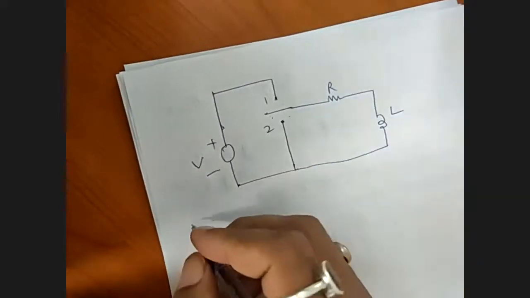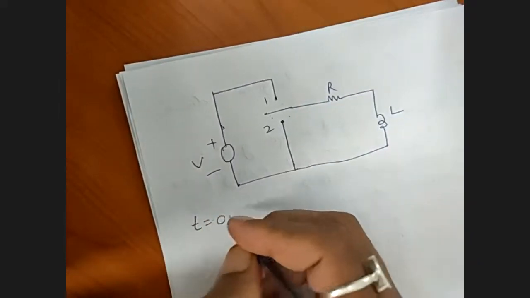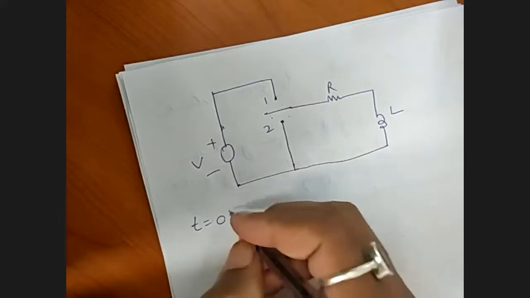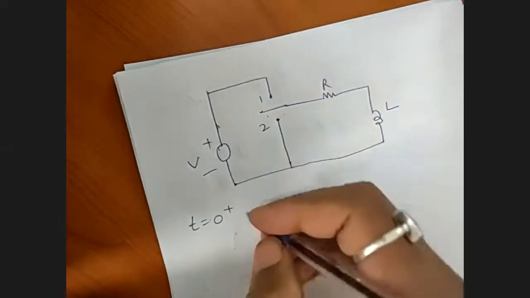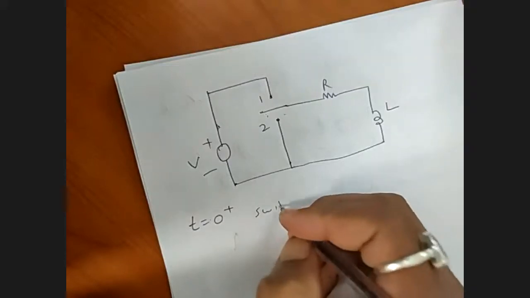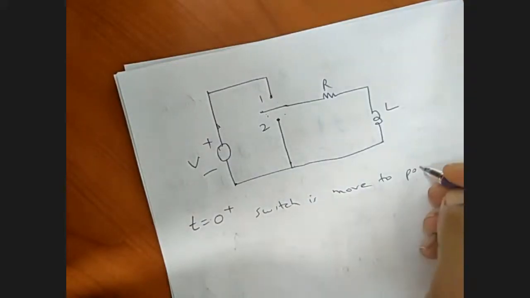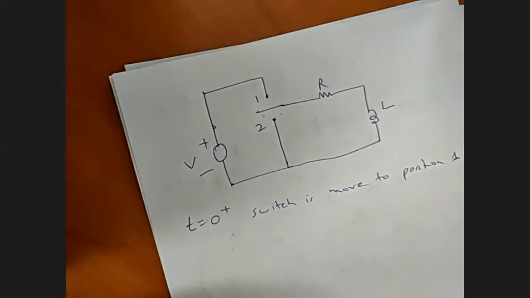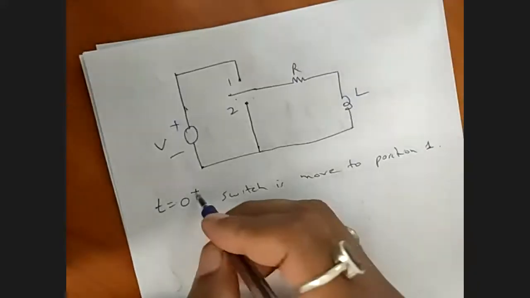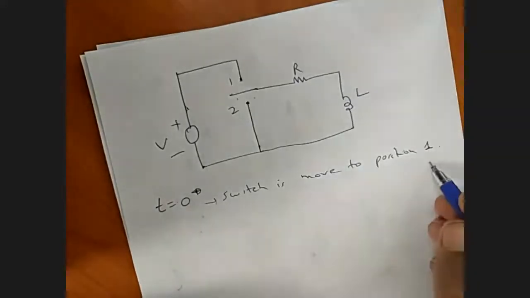Now it will be assumed that at t equal to 0 plus the switch is moved to position 1.